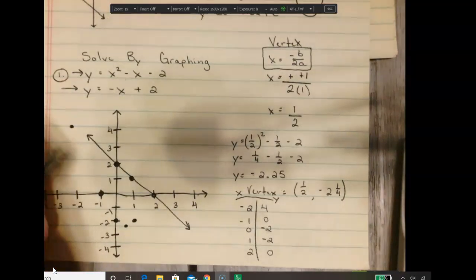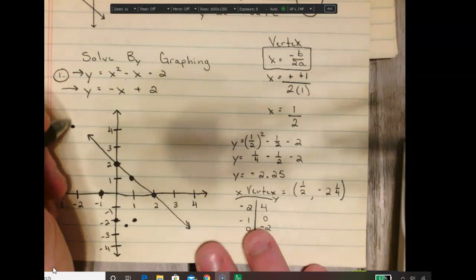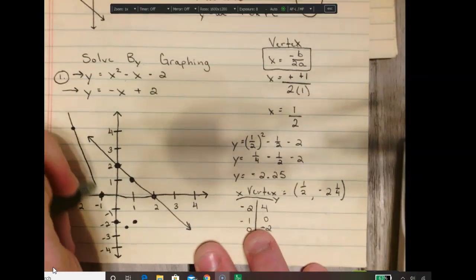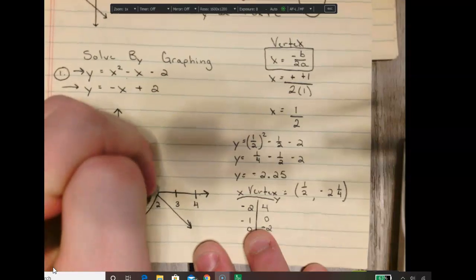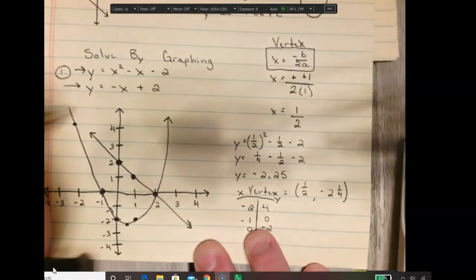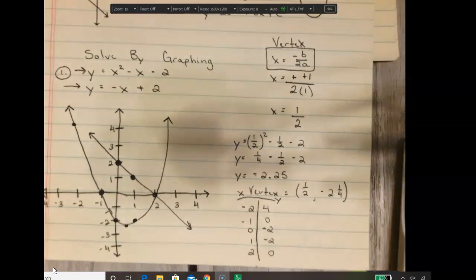All right, so I've got my parabola, and I also have my linear equation. And there's one point that already sticks out. Again, I'm looking for how many solutions this is going to have.